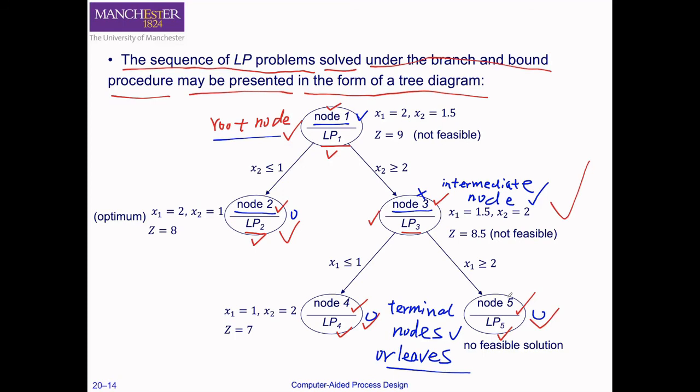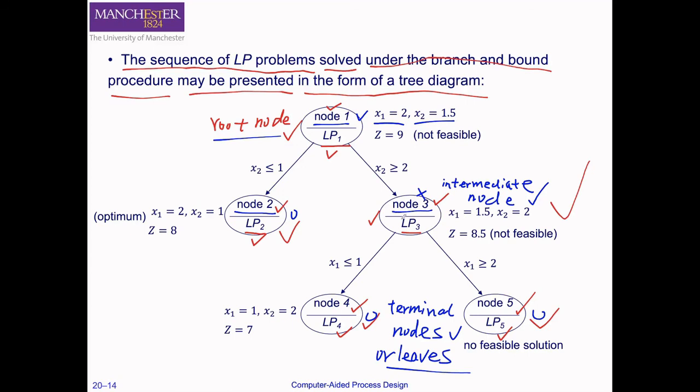As we have discussed, at node 1, the LP1 problem is solved and we get a solution x1 equals 2 and x2 equals 1.5. Then this variable is partitioned and two new LP problems are created, which are represented by node 2 and node 3. The process of creating these two new LP problems is called branching.